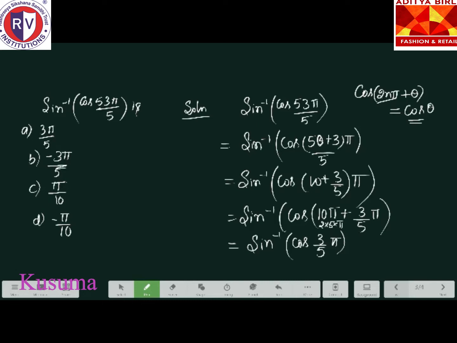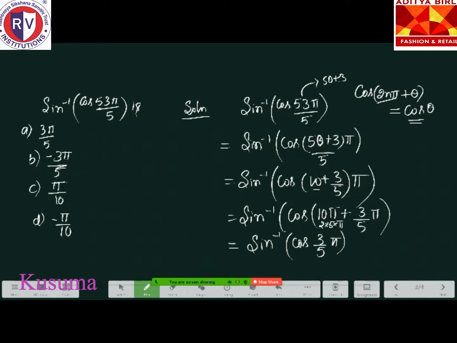So sine inverse of cos of 53 pi by 5 can be written as sine inverse of cos of 50 plus 3 pi divided by 5. So what we are doing is we are writing it as 50 plus 3. That's all. Here 5 is there. It is 50 by 5 plus 3 by 5. 50 by 5 will become 10 and 3 by 5 we are keeping as it is.